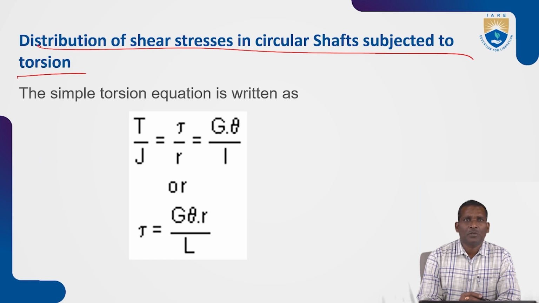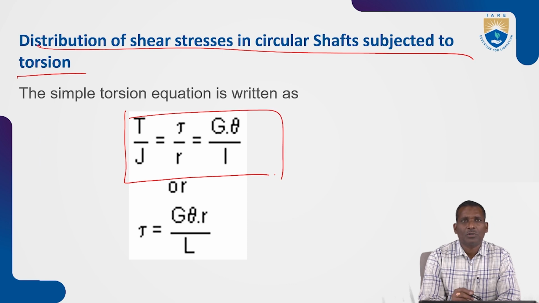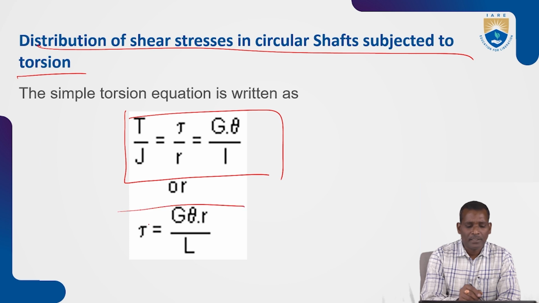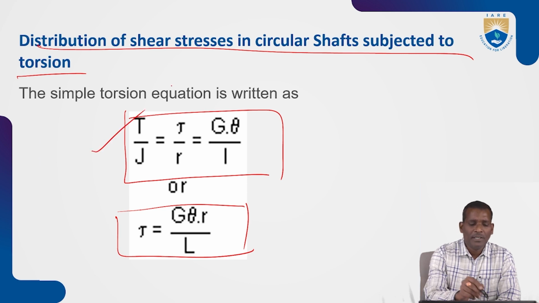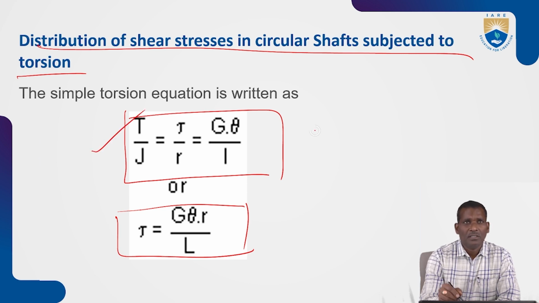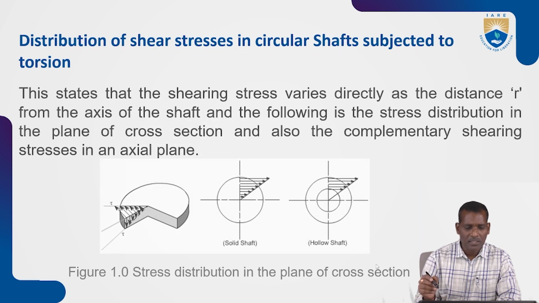You know the simple torsion equation, which we derived in a previous session: T by J is equal to tau by R is equal to G theta by L. Or you can write the torsional shear stress tau is equal to G theta into R by L. In this, T is torsion and J is the polar moment of inertia.